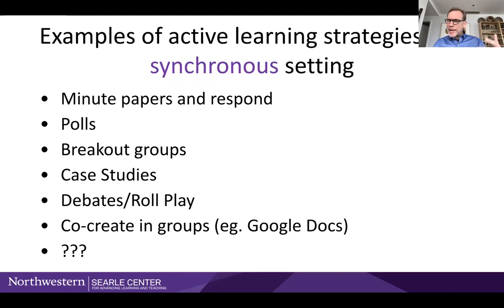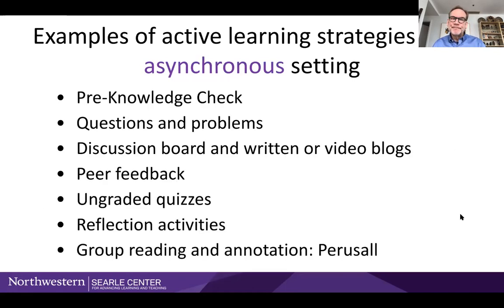How could students create content, look things up, create outlines in breakouts, in Google Docs, all working together? These are strategies that are active learning in synchronous settings. Please see a few of my other videos, the one on translating your teaching into an online setting, for more around how to do this in a Zoom environment.